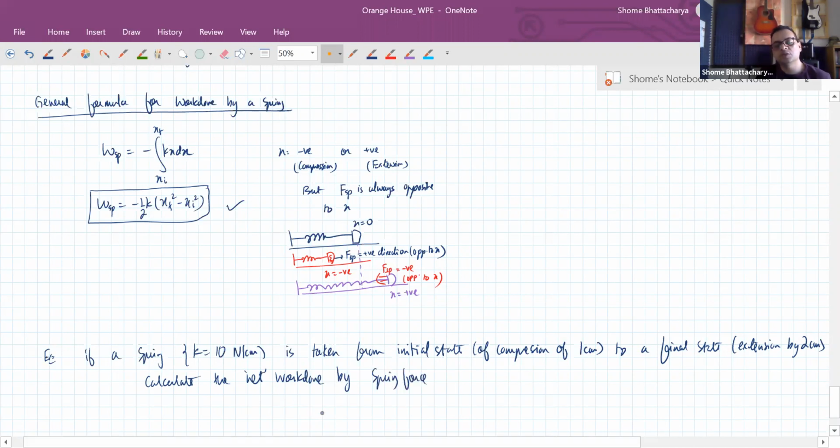We'll just use this formula. Work done by the spring force is minus half k, x initial square minus x final square.